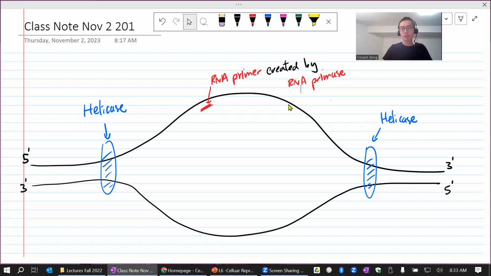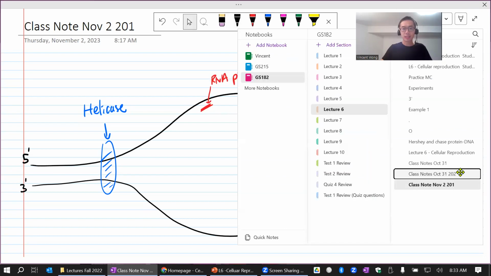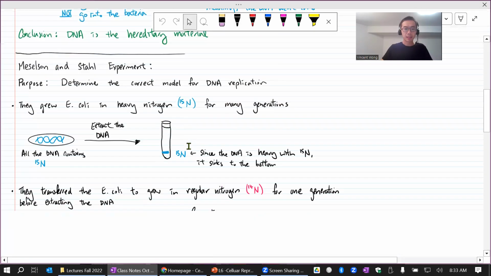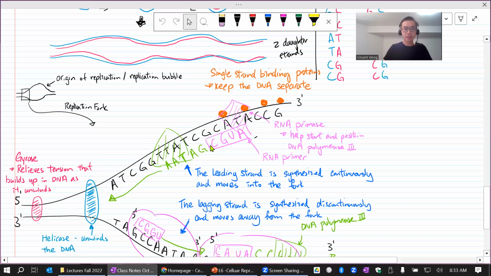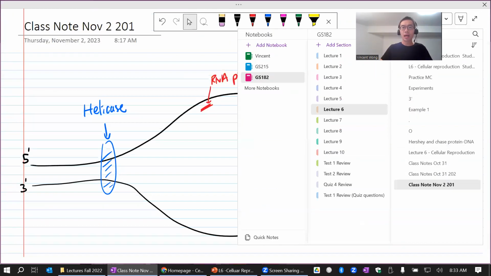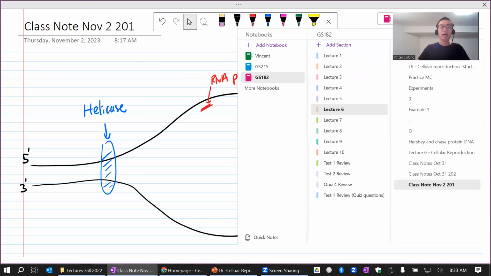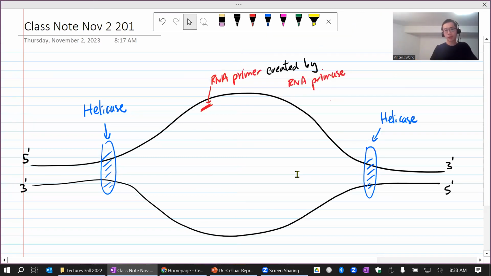Let me show you from last class here. The ACTG stuff here, right? Just a few of them, right? And because it's RNA, there's no T. We are using the uracil instead. The whole purpose of having a primer is to help position the DNA polymerase 3.